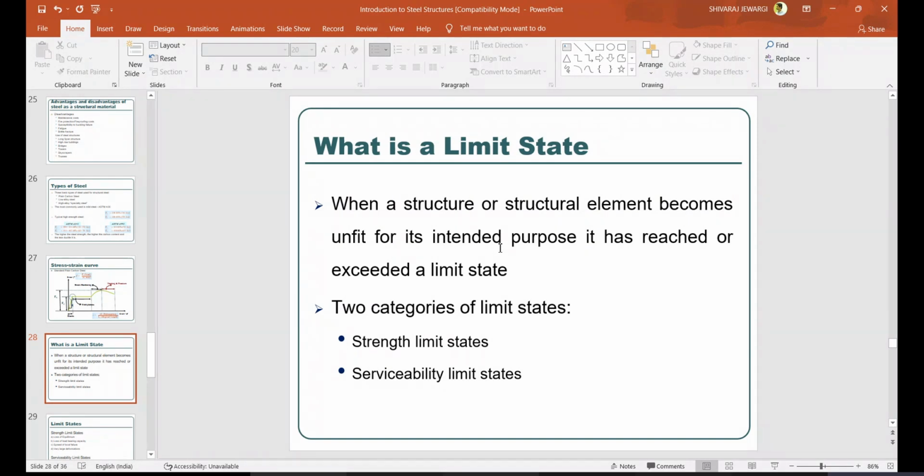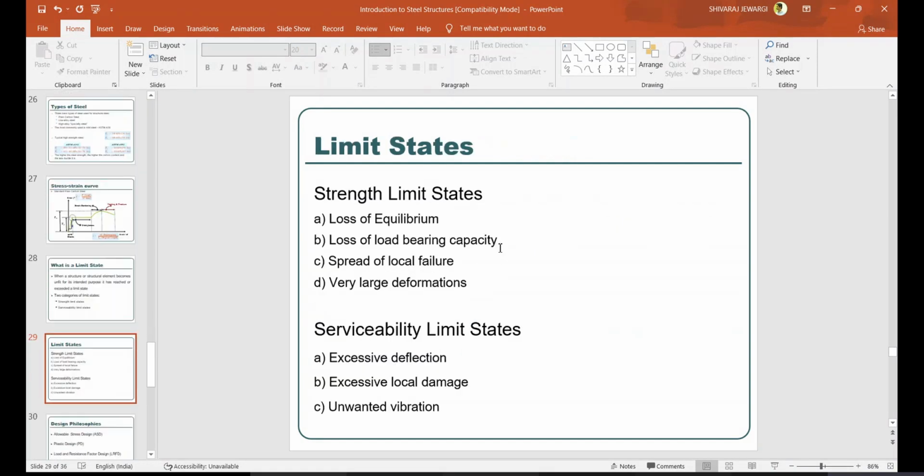As you all know, there are two types of limit state: limit state of strength and limit state of serviceability. In IS 456, and in IS 800 also, we have the same limit state method. Followed, all of you? The possible cases of strength limit state are loss of equilibrium, loss of load bearing capacity, spread of local failure, and very large deformations.